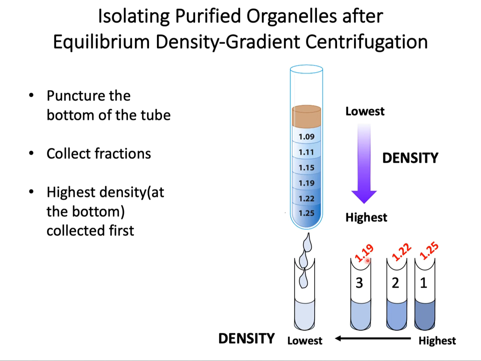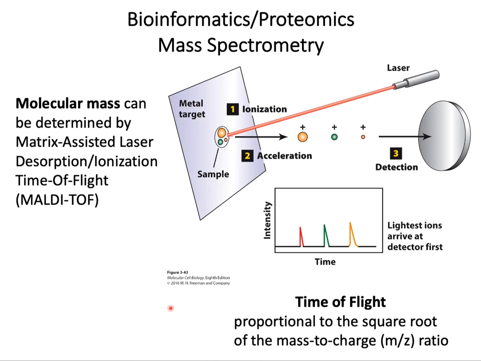Once you identify which tube has your organelle of interest, then you can conduct biochemical or functional studies on your purified organelle. So let's say we are interested in determining all the proteins found in the mitochondria that you have purified as shown in the previous slides.